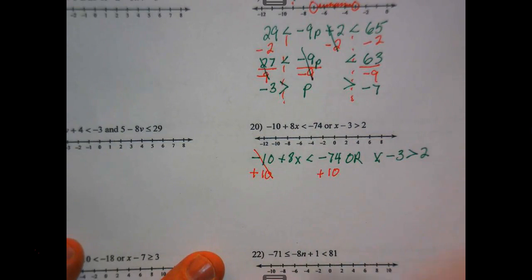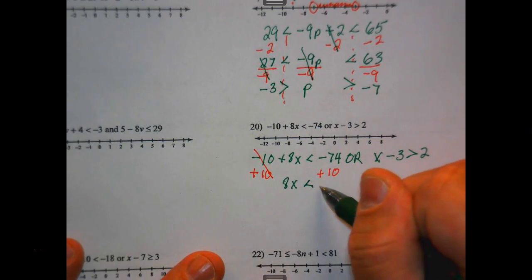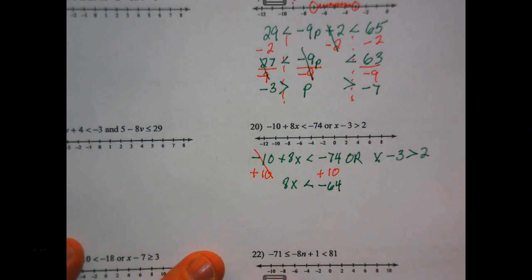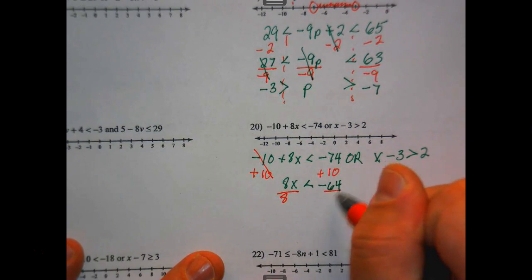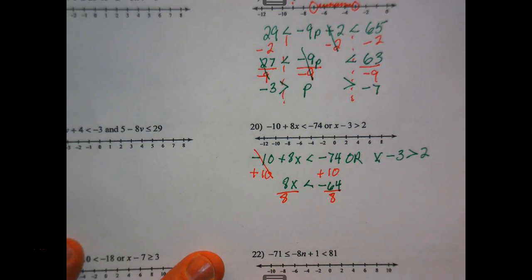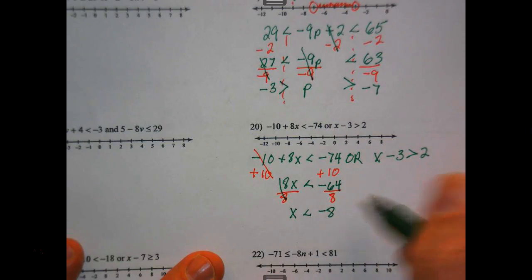So I get 8x less than negative 64. I'm dividing by a positive number, so my sign stays the same. x is less than negative 8.